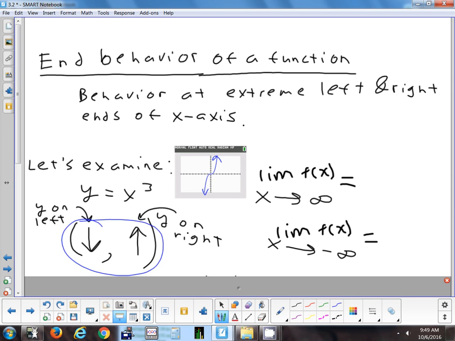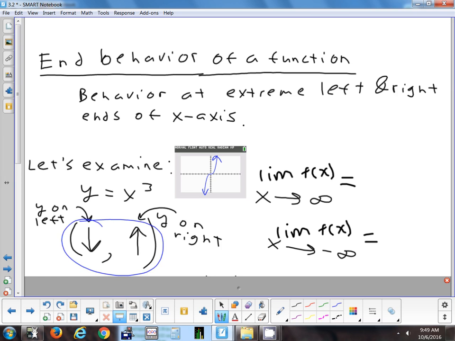Yep. So where's the middle point? Is it always going to be at 0? So middle, we're not even thinking about with end behavior, but no, it won't always be at 0. Well, I mean like the point where you determine what's left and what's right. So just basically when you look at your function, wherever it is, look at the right edge of it.